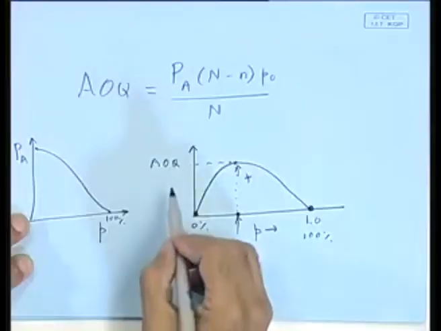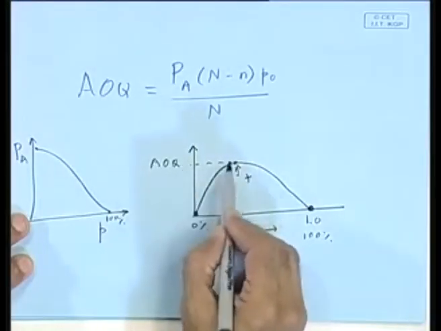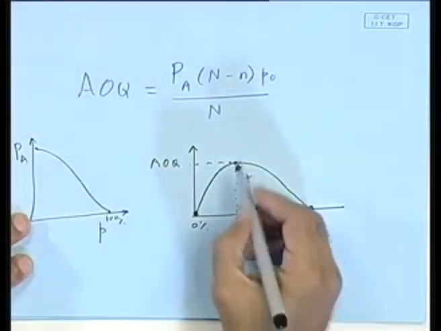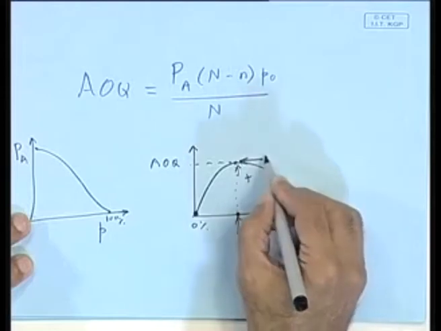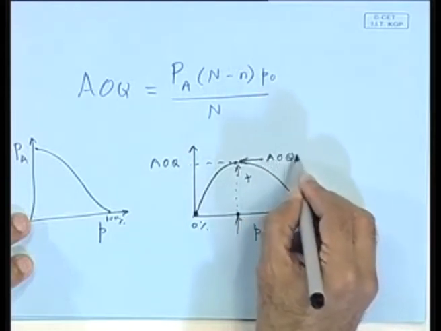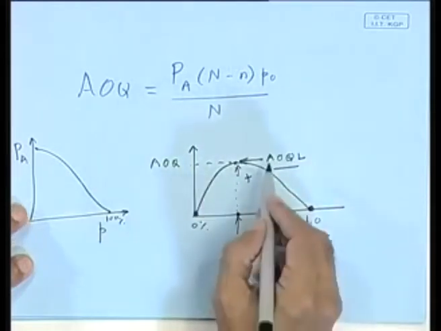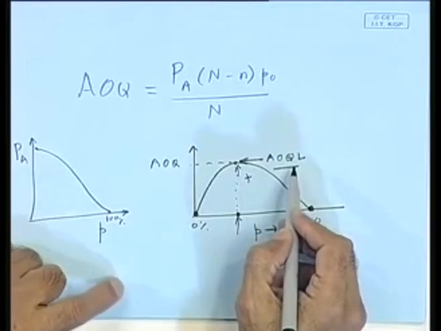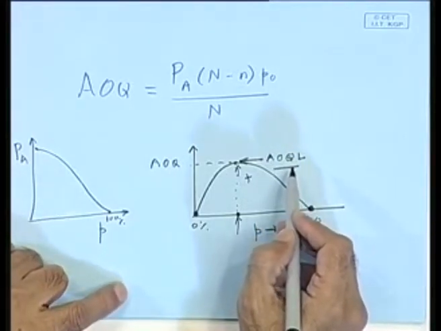Now, sometimes the consumers would like to tell you that there is a limit beyond which I cannot accept any kind of defects in the lots. There is a limit there, and this limit is called AOQL, average outgoing quality limit.